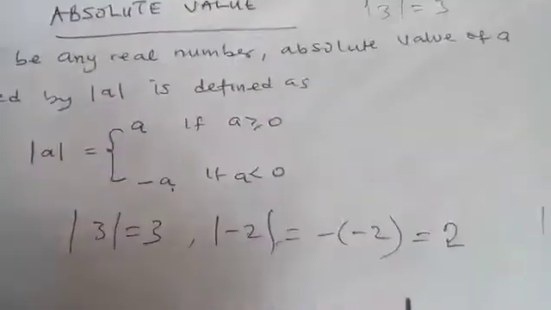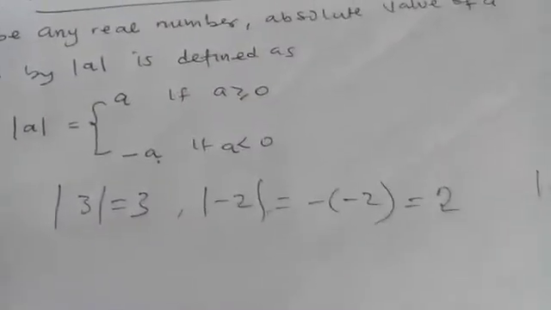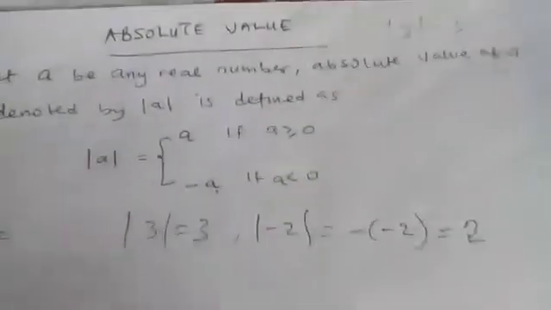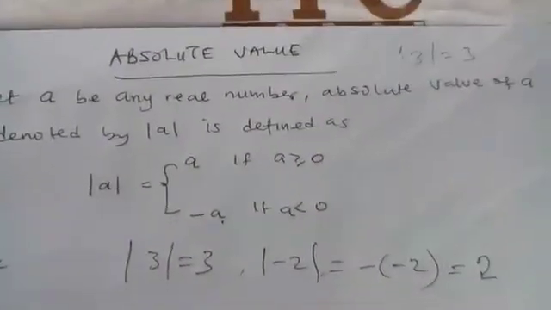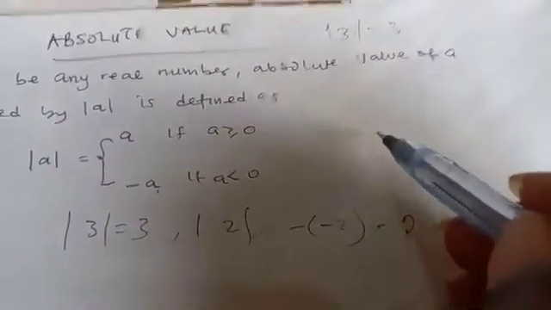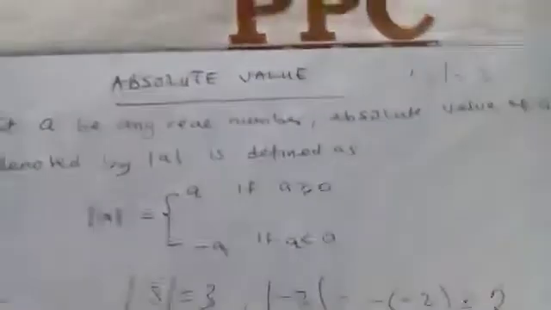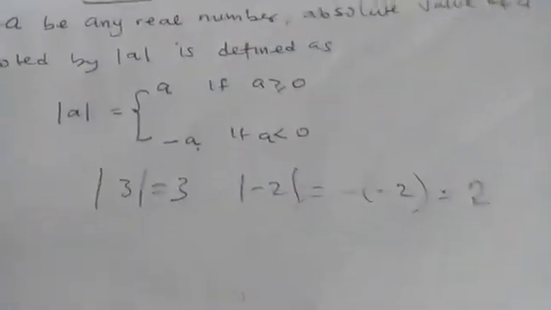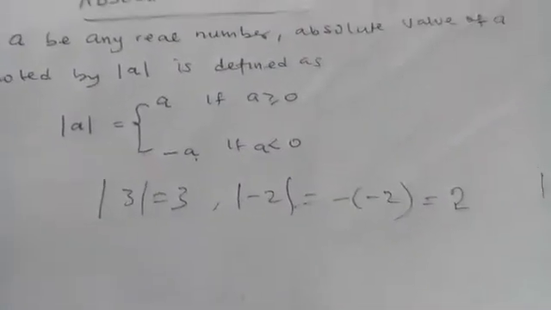When we talk of absolute value, it simply means a non-negative value. Also, we can say that it's the distance between point a and the origin, and we know that every distance is always positive. So that is absolute value.